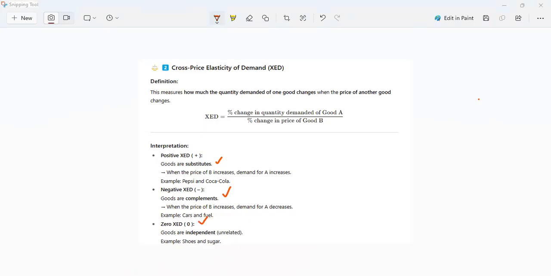Lastly, but not the least, we have what we call income elasticity of demand. Income elasticity of demand looks at the percentage change of quantity demanded over the percentage change in income. So for this one, it looks at how the income effect works.